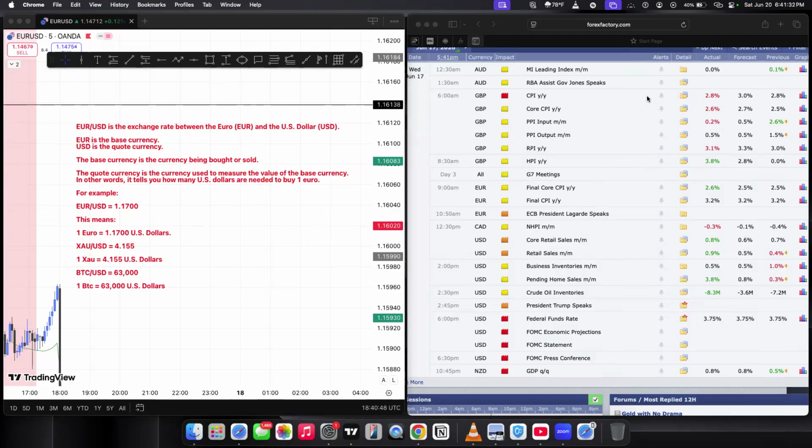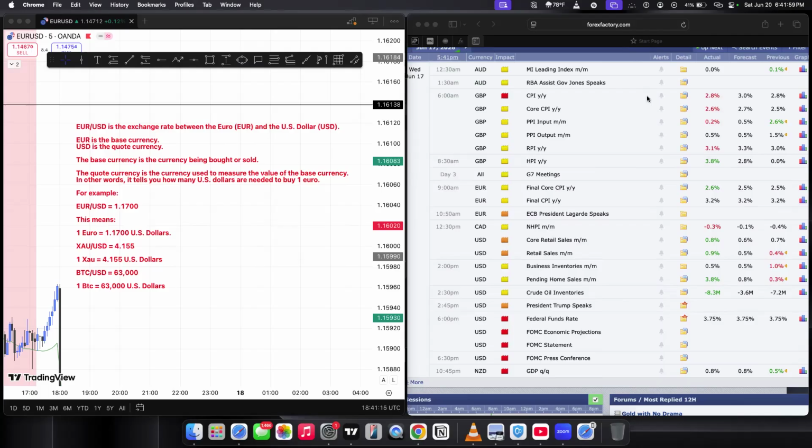But let's first get an understanding of how price moves. Euro USD will rise when the euro is stronger than the US dollar, and it will also fall when the US dollar is stronger than the euro. Okay. And how does the news also impact Euro USD?